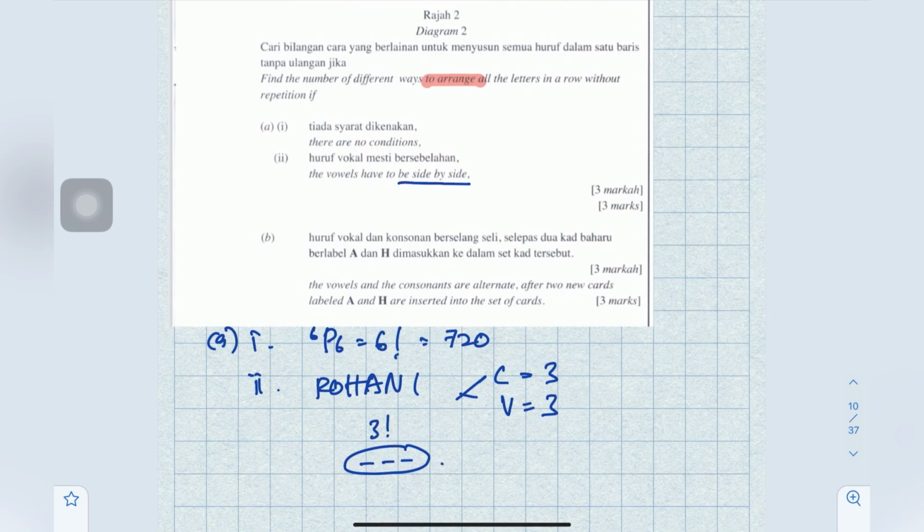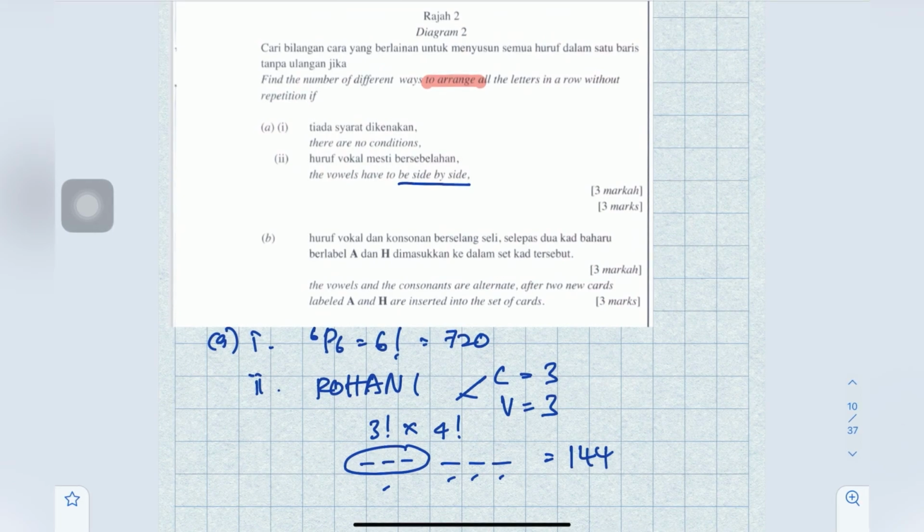The balance is another 3 letters, so 1, 2, 3 plus this group makes 4 elements, so 4 factorial. Then we multiply 3 factorial times 4 factorial, which equals 144 ways.